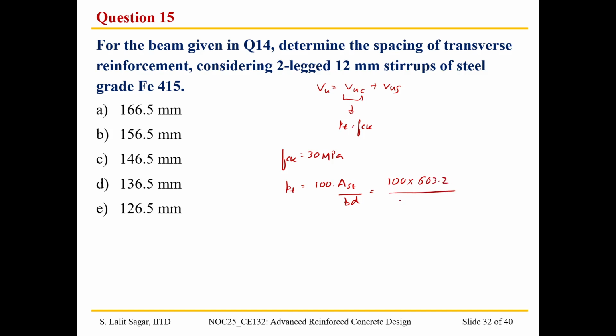BD is 300 into 550. So we get the value of Pt as how much? 0.35, 0.36. Yes, Pt is 0.3656.